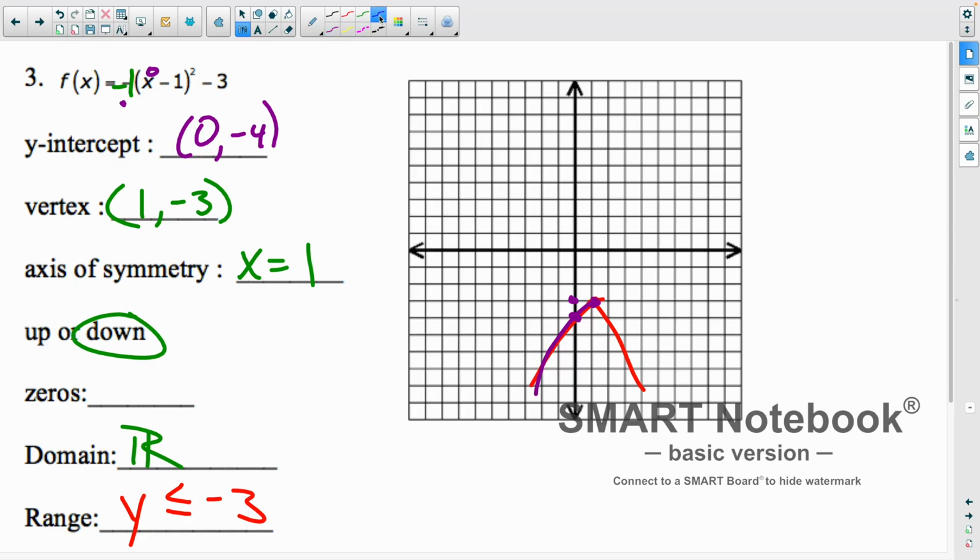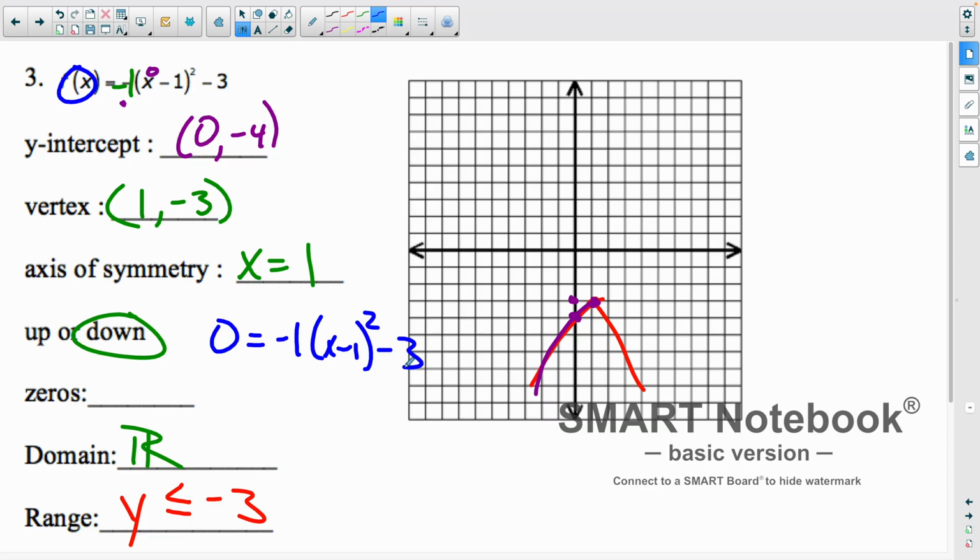So how would you solve for your zeros or for your x-intercepts in this equation? How do you find x-intercepts? Thank you. Plug in 0 for y. That's my y. So 0 equals -1, x minus 1 squared minus 3. So there's the setup. I put 0 in for y because I'm looking for an x-intercept.